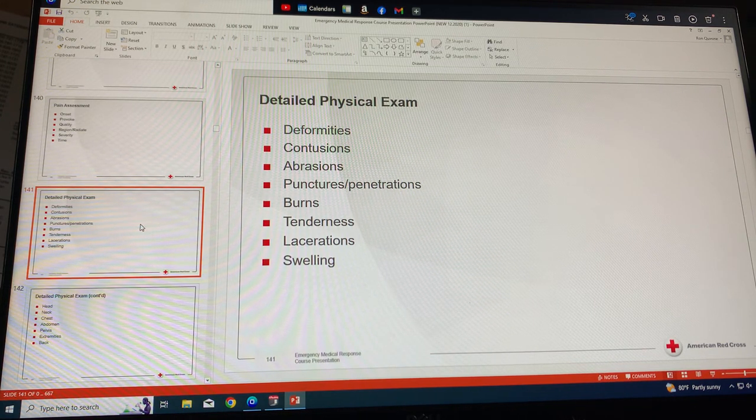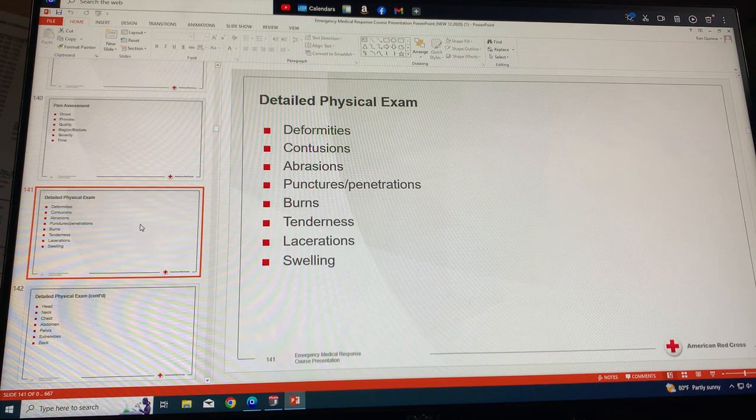In addition to seeing and feeling for signs of injury, listen for abnormal breathing sounds, for example, gurgling or stridor in the upper airway. Auscultate. Listen to the lungs with a stethoscope for breathing sounds. You can also listen for the sound of broken bones rubbing against each other.